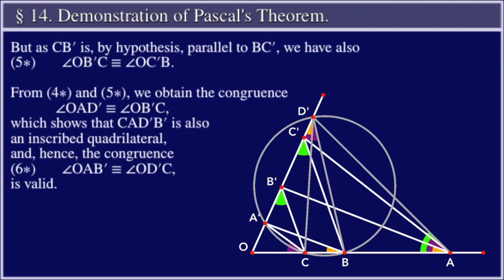From 4* and 5*, we obtain the congruence: the angle OAD' is congruent to the angle OB'C, which shows that CAD'B' is also an inscribed quadrilateral, and hence the congruence 6*, angle OAB' congruent to the angle OD'C, is valid.